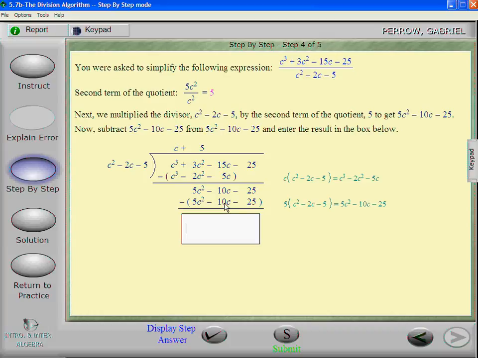Goes right there. 5 times negative 5 is negative 25. You see that right there. But they take the negative of that because they're trying to subtract on this line. So when they subtract, it changes the signs of everything inside, and then you add the columns. And if you do that, everything becomes opposites, right? Everything cancels, everything cancels, everything cancels. There's a remainder of 0.